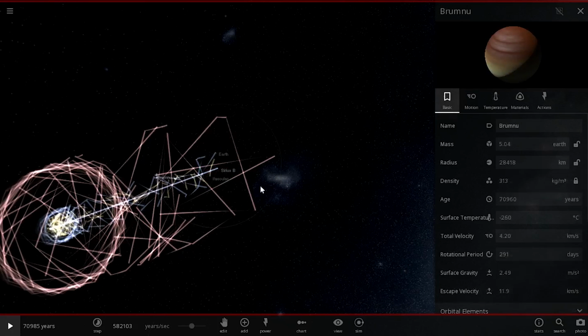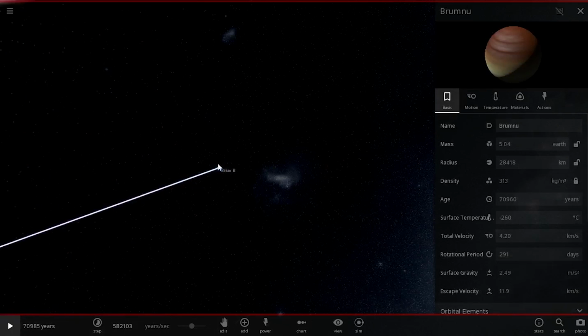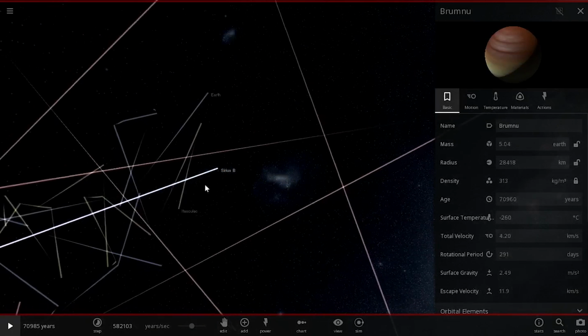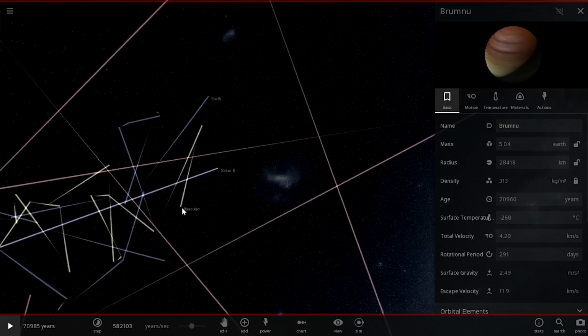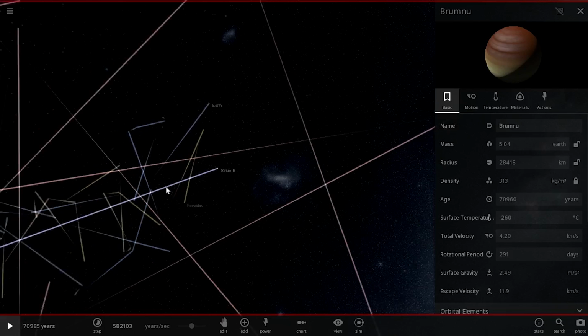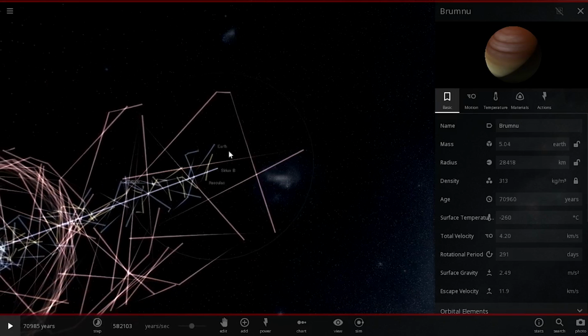Even though this Sirius B is moving because it's in a binary, nonetheless, this orbit with Earth, the rock planet, and the gas giant, it's still the same. It's perfectly orbiting or keeping its orbit with Sirius B. It may not look like it, but that's because it's moving and it's confusing this.